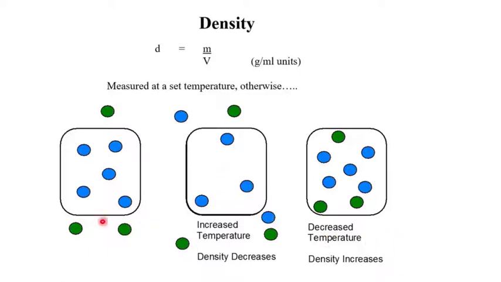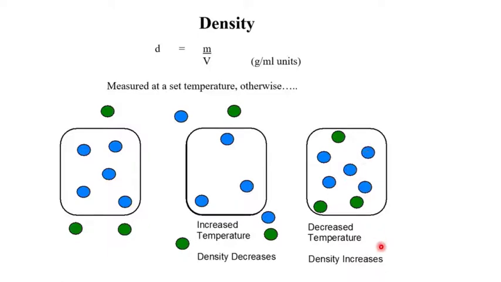Conversely, if we were to drop temperature from the original 20 degrees Celsius, molecules have less kinetic energy as temperature drops. They're moving more slowly, and molecules which move more slowly naturally take up less space. So it's a little bit like imagining a middle distance running race at an athletics meeting.